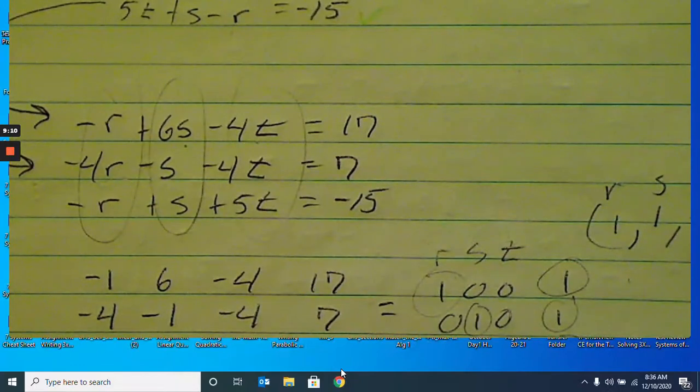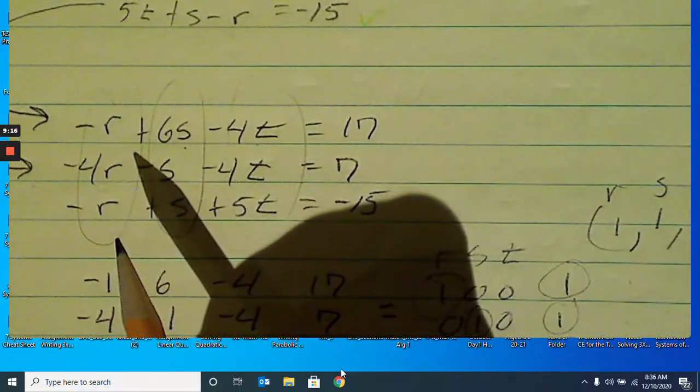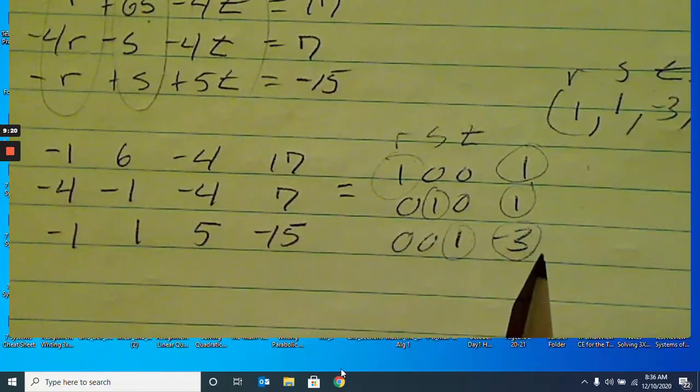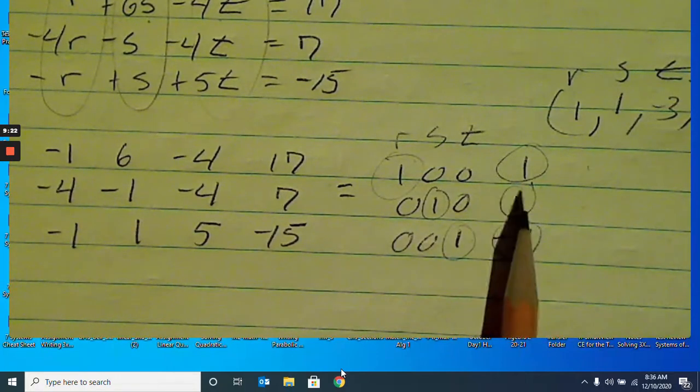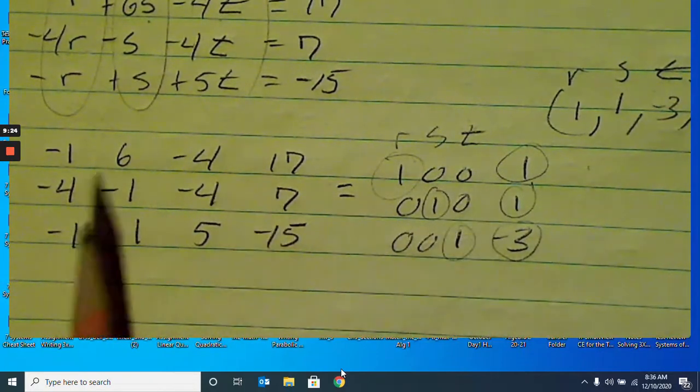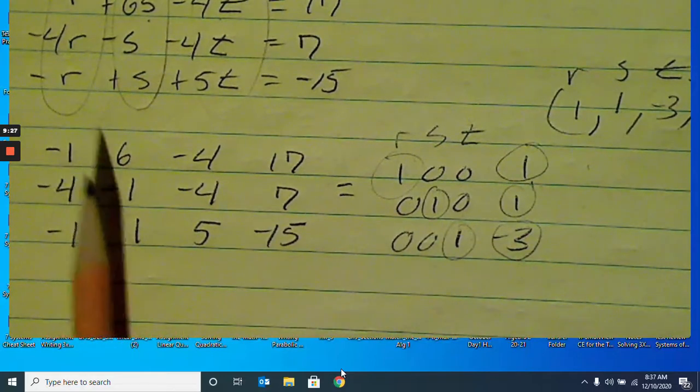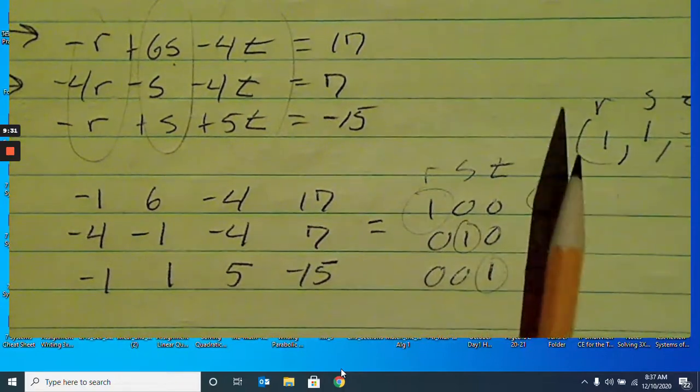Okay, that's what really matters. So I could have written this multiple different ways. In the end, I'm going to get the same values for RST or TSR or whatever it might be, regardless of how I do this, so long as this is lined up. So however this is lined up is really what determines the values that you're looking for here.